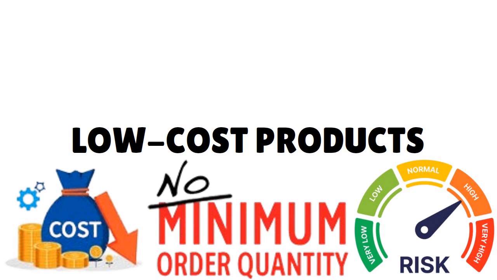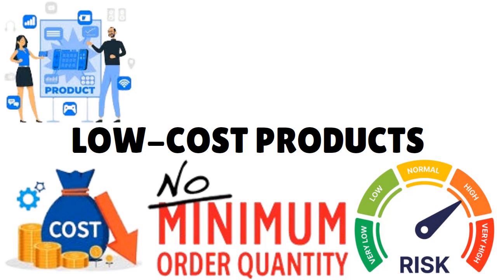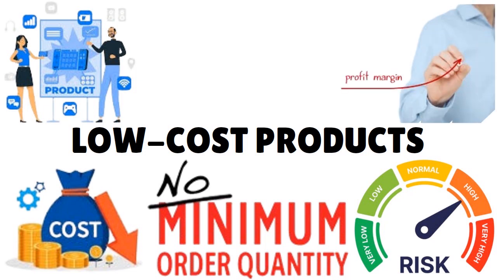The whole thing is, anytime you start an e-commerce activity, or a business activity in general, there is always the element of operational risk, and you want to reduce risk by making sure you are going after low cost products. Also, when you go after low cost products, you are directly increasing your profit margin, because your profit is a direct consequence of the price that you bought the product at.